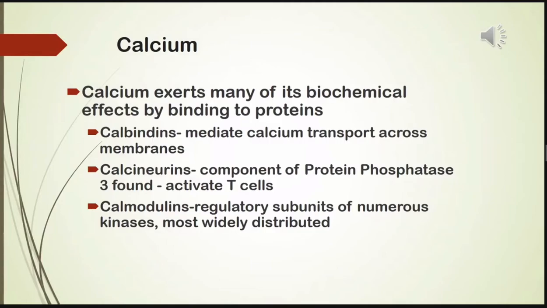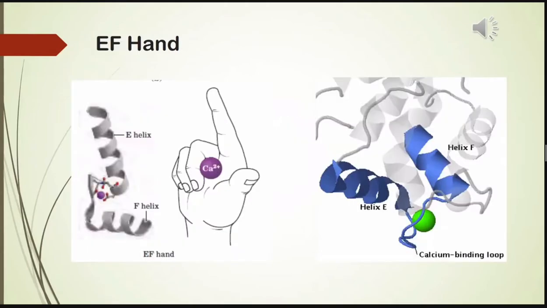But what's common between all of these calcium binding proteins is what we call the EF hand. This is the EF hand. Every calcium binding protein will have at least one of these domains contained in them.